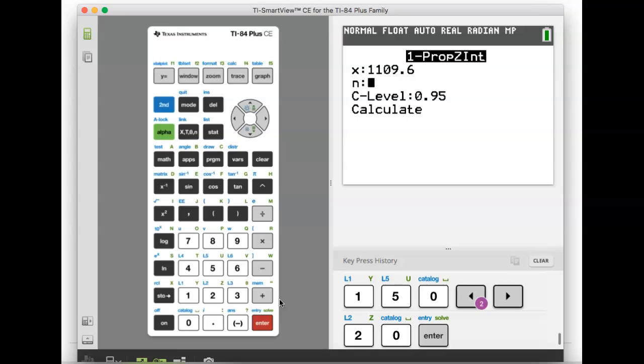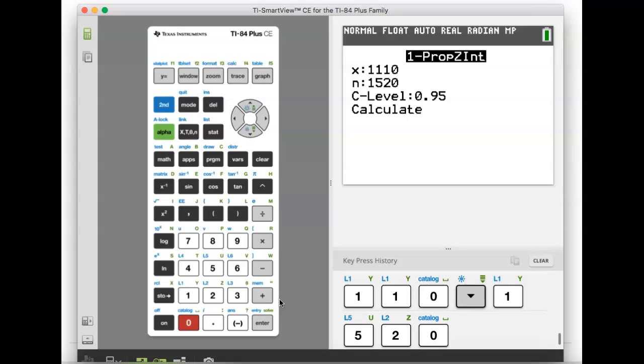So whatever it is, just round it to the nearest whole number, because it'll give me an error if I let it be 1109.6. So I'm just going to have it be 1110. And then n is 1520, right? And you should always have it so that if you divide those first two, that gives you your p hat value.